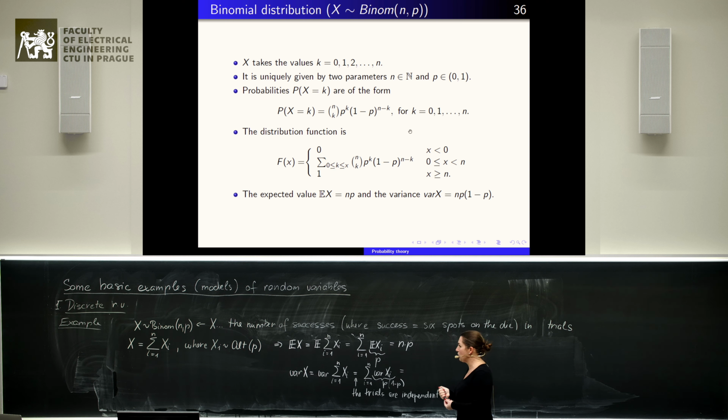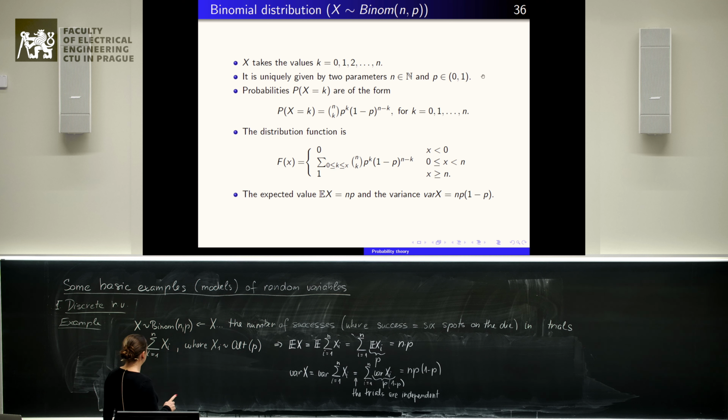So the variance of X is equal to n times p times 1 minus p. So this is the way how to show quite easily the characteristics of a random variable with binomial distribution.